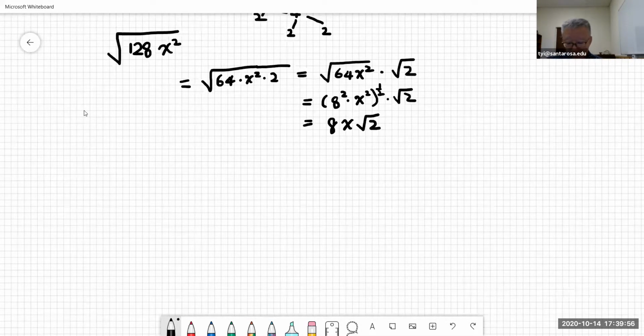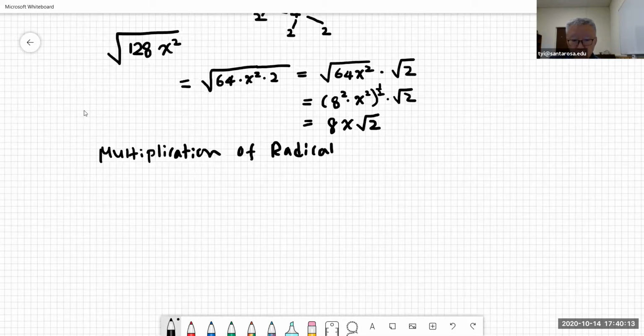Now, I just want to show you the multiplication of radicals. When you multiply 2 radicals, the one thing that we have to remember is that as long as they have the same index, they can multiply.